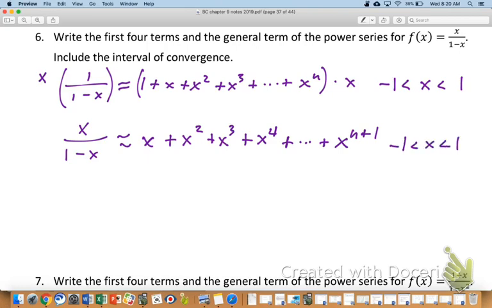Now, I need the substitution. It's possible. What did you substitute? 2 minus 1 over x, which gave me 1 over x minus 1. So then you would multiply both the top and the bottom by x.